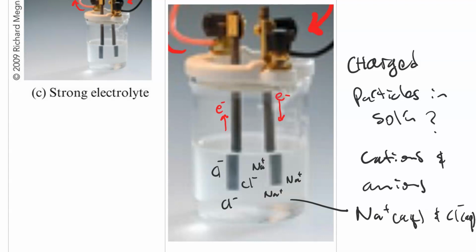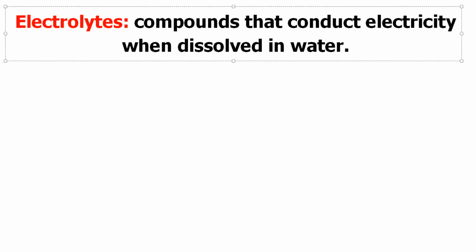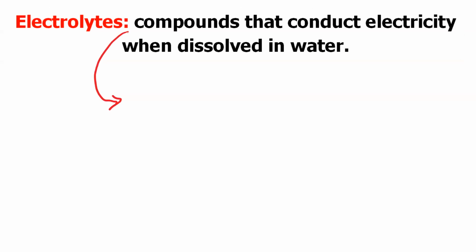So going back to our definition, of an electrolyte being something that conducts electricity when dissolved in water, this means an electrolyte is any compound that produces ions in solution.